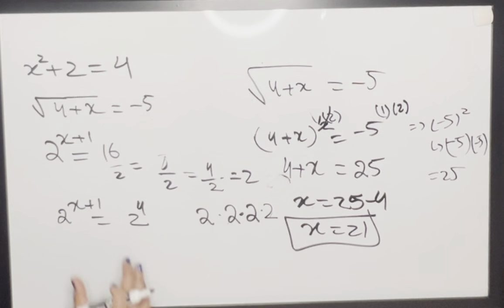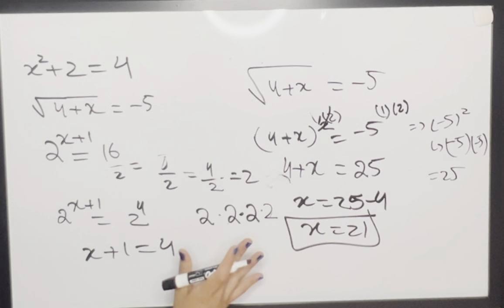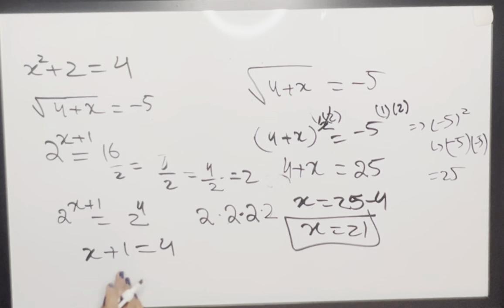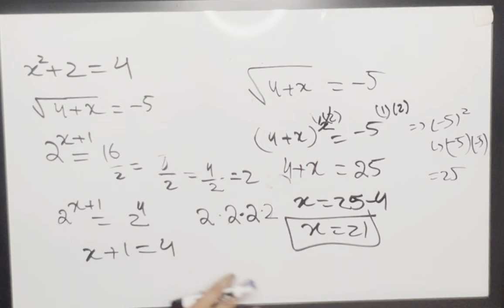Okay, now that the bases are equal to each other, we already know that the powers should be equal to each other, meaning that x plus 1 equals 4. Now, because I want to have x by itself, I need to move the plus 1 to the other side, meaning I should make it negative. 4 minus 1, x is equal to 3.